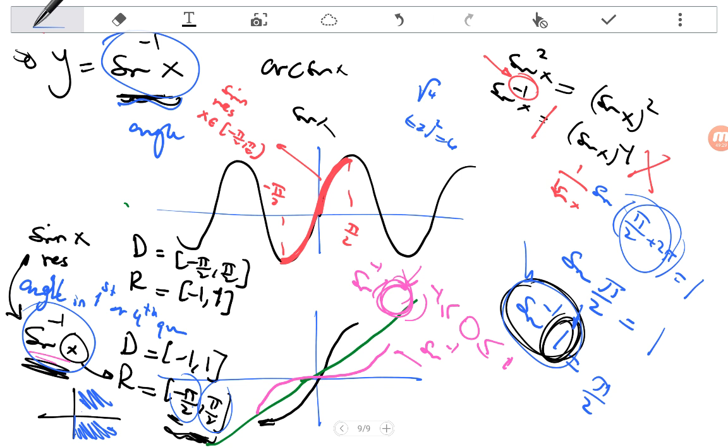Okay? So whenever you try on the calculator sine inverse of some number, some fraction, it will give you one number that is restricted from negative pi over 2 to pi over 2.